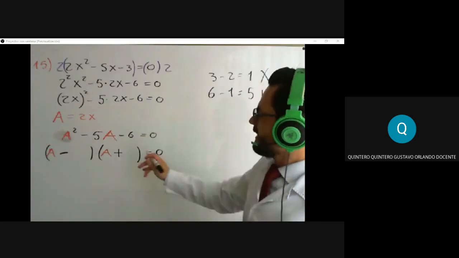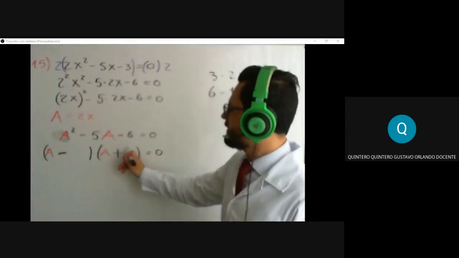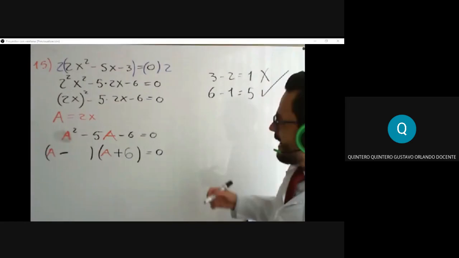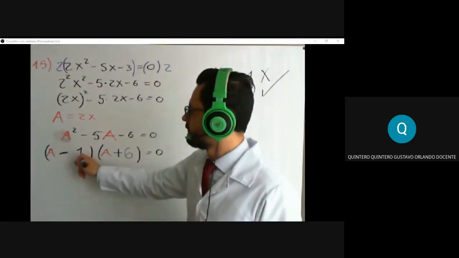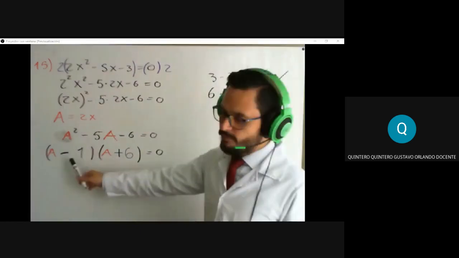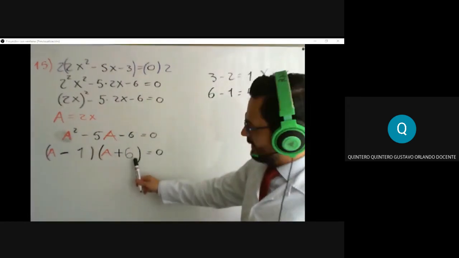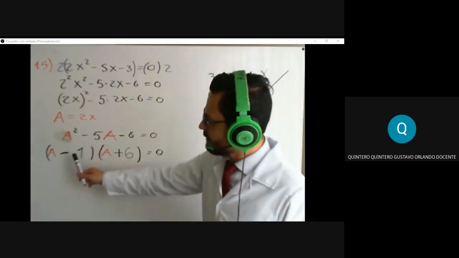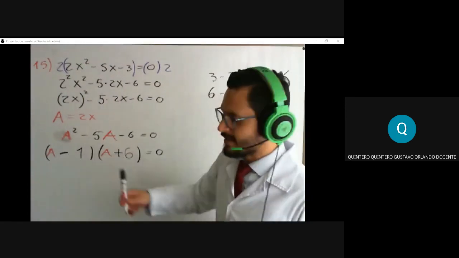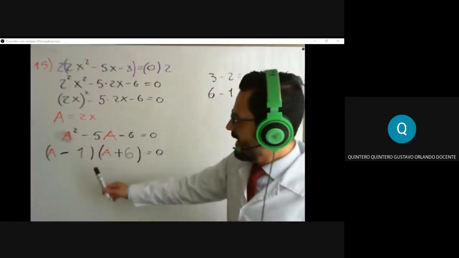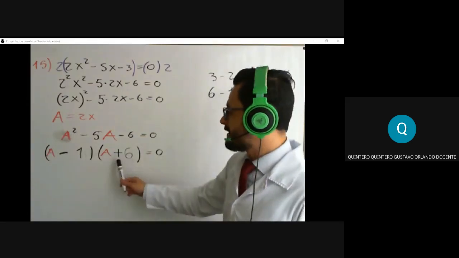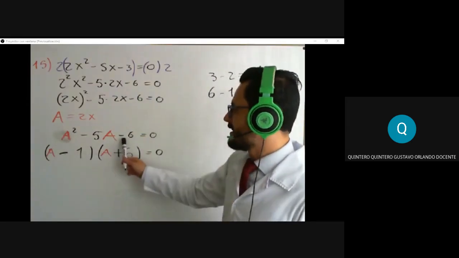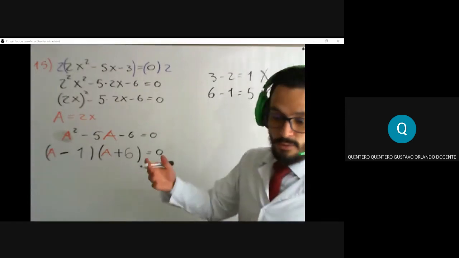So the 6 is going to go here because the 6 is the value that is positive, and the 1 is the value that is negative. So it's going to be here. -1 and 6. If we add -1 plus 6, this is 5. So perfect. And -1 multiplied by 6 is -6. So congratulations, we have it.